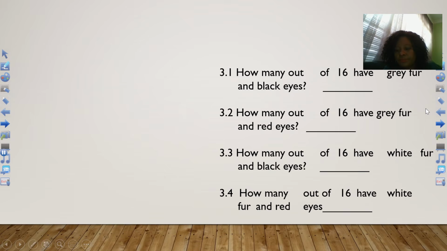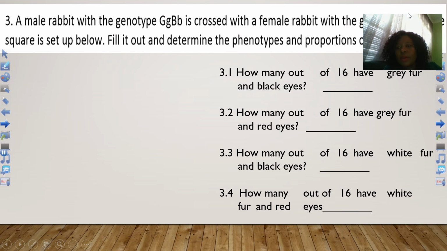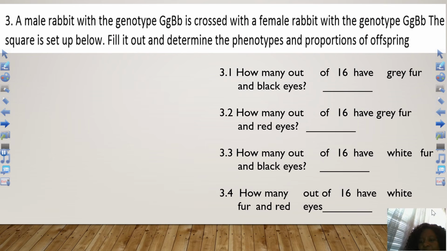Now the next question says, a male rabbit with a genotype capital G, small g, capital B, small b, is crossed with a female rabbit with the genotype capital G, small g, capital B, small b.